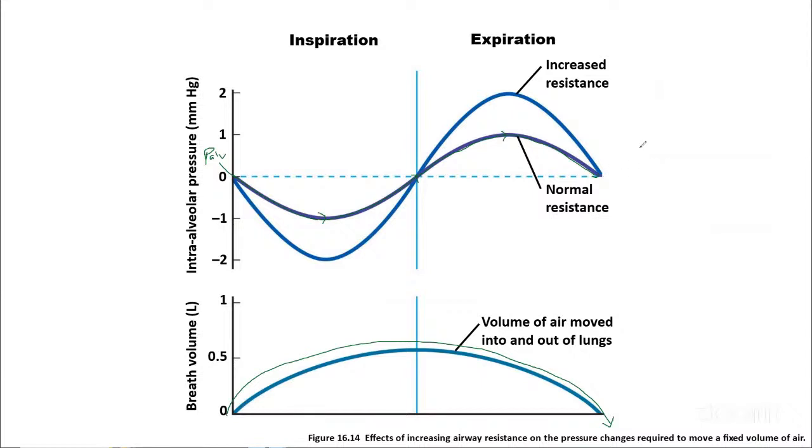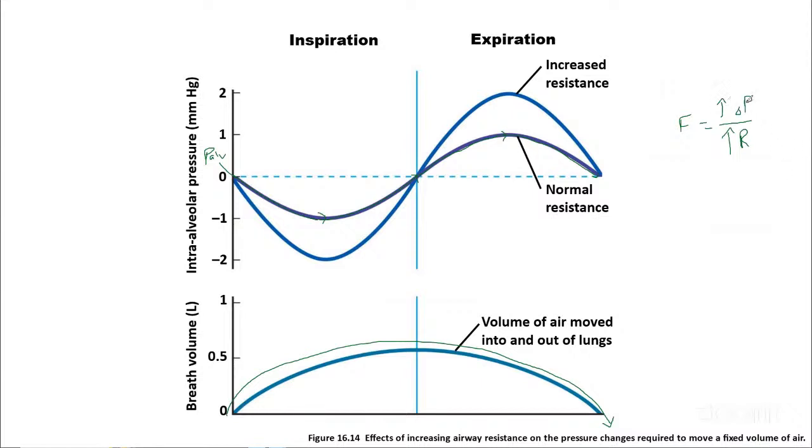But if we have a big resistance, right? So if we're thinking about this high resistance situation, say your airways are full of mucus or your airways are spasming and constricting down, making it hard to breathe. This is why it's hard to breathe. You got a high resistance situation. So now we need a big pressure difference.